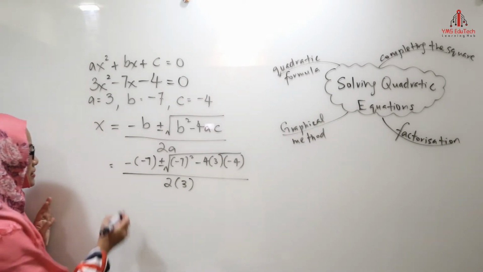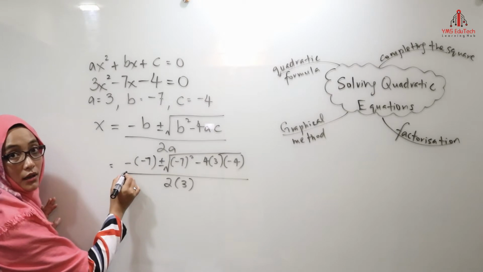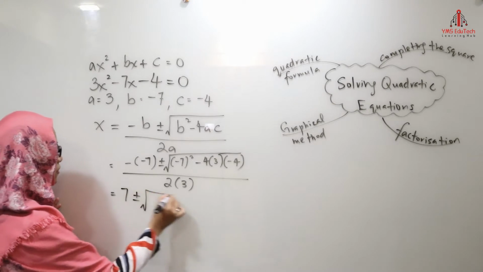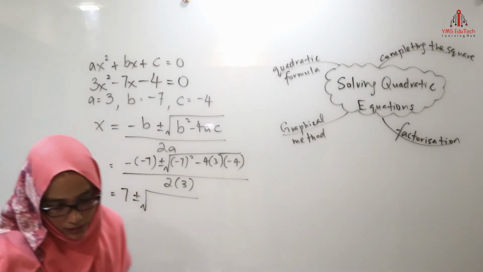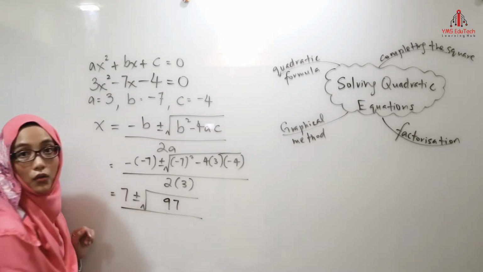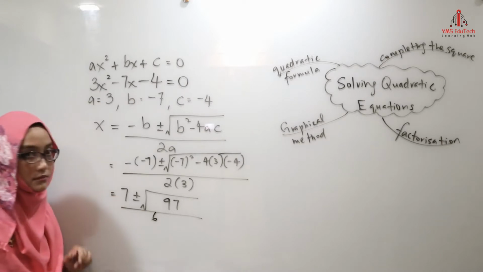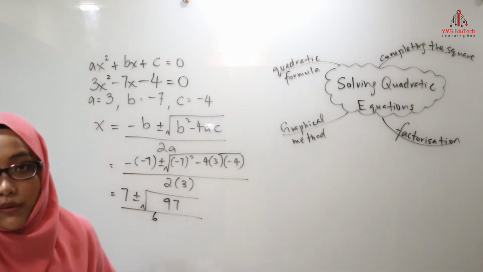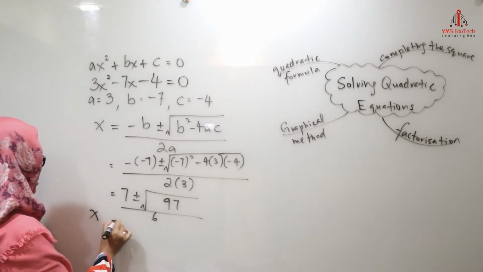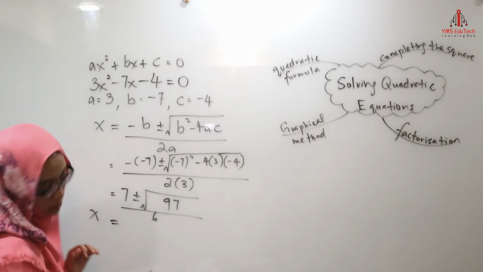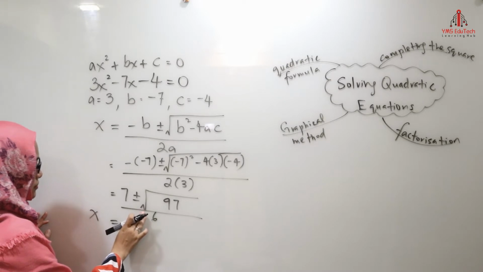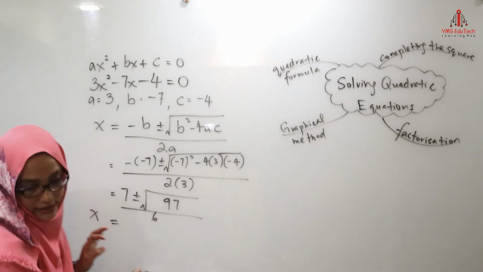Okay, so we're going to simplify this. So we will have negative 7, that will give me positive 7, plus minus root of, okay, I'm just going to compute that using my calculator, and I will get 97 over 6. Okay, so then I can just simply solve my x to be, so x is equals to, I just have to punch in my calculator, find out the answer for root of 97.